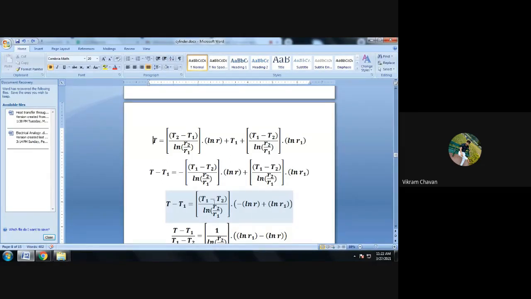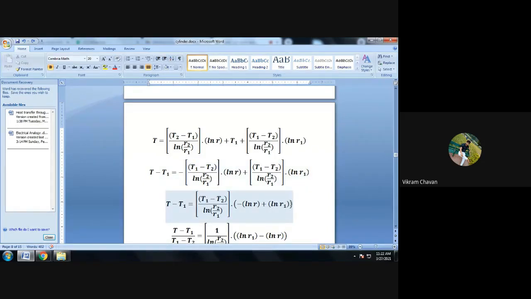What remains in the bracket? Minus ln of R from the first term, and from the second term, plus ln of R1.